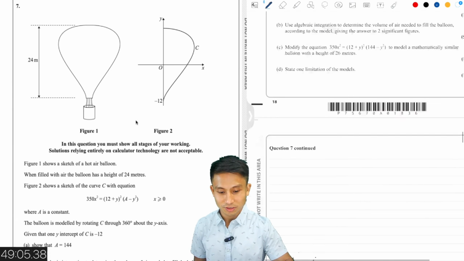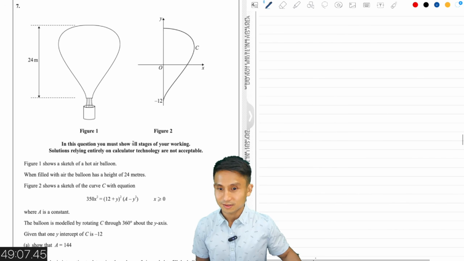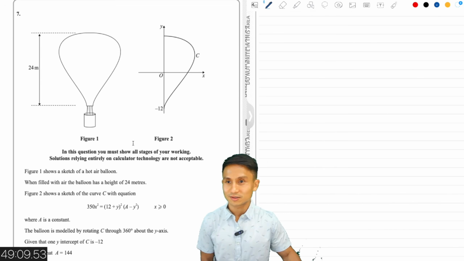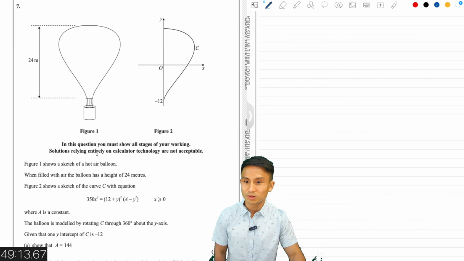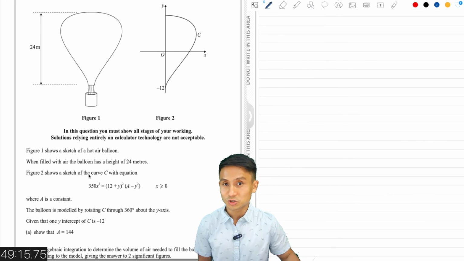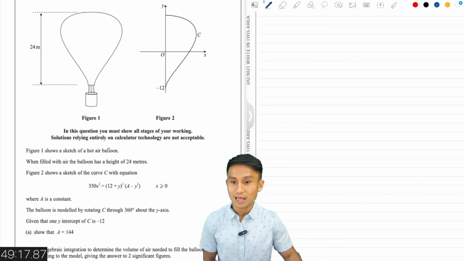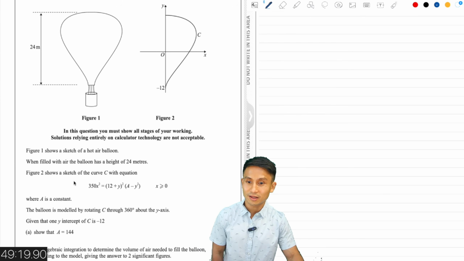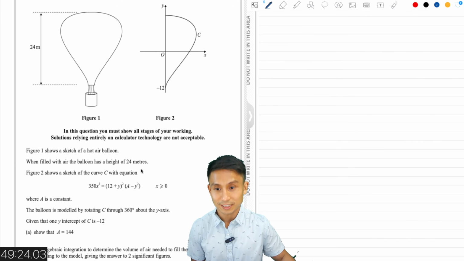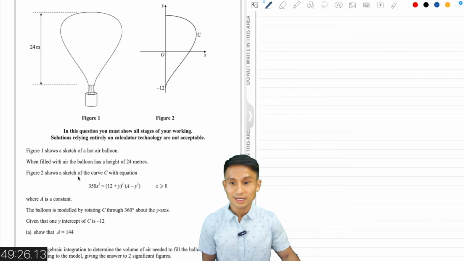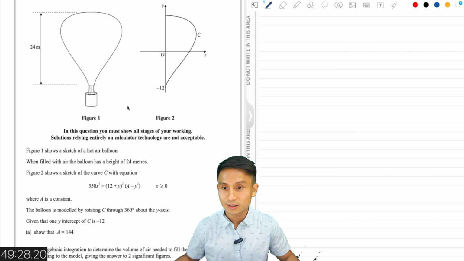Next, question 7 seems like some calculus here probably. Yeah, solid revolution. Number 7, we have a balloon. Figure 1 shows a sketch of the balloon, which has height of 24 meters. Figure 2 shows a sketch of the curve C with the equation.